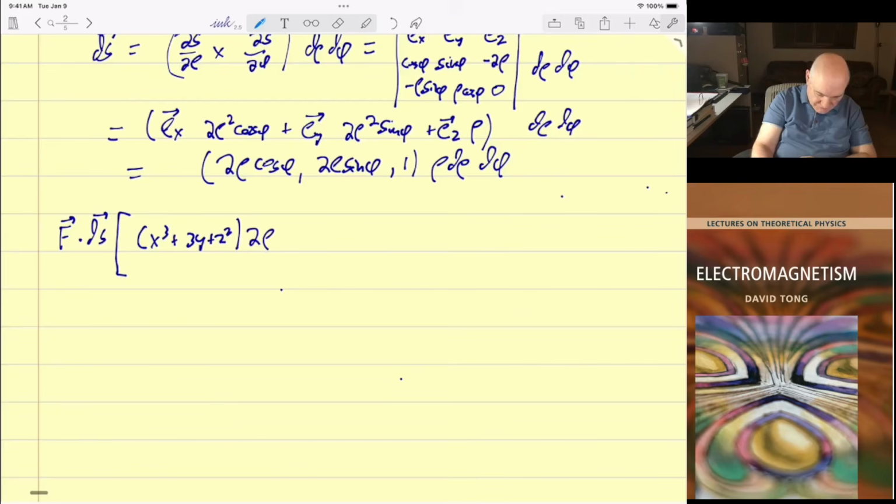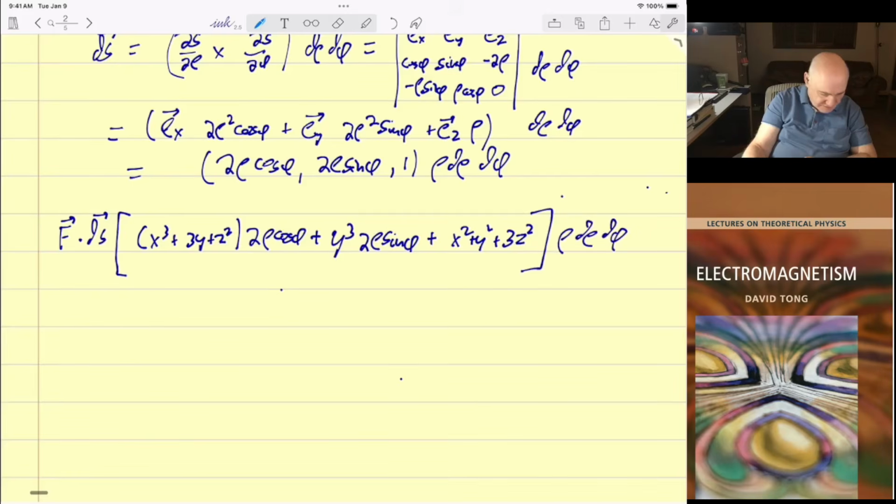Times 2 rho cosine phi, plus y cubed times 2 rho sine phi, plus x squared plus y squared plus 3z squared. And all of that is multiplied by rho d phi.